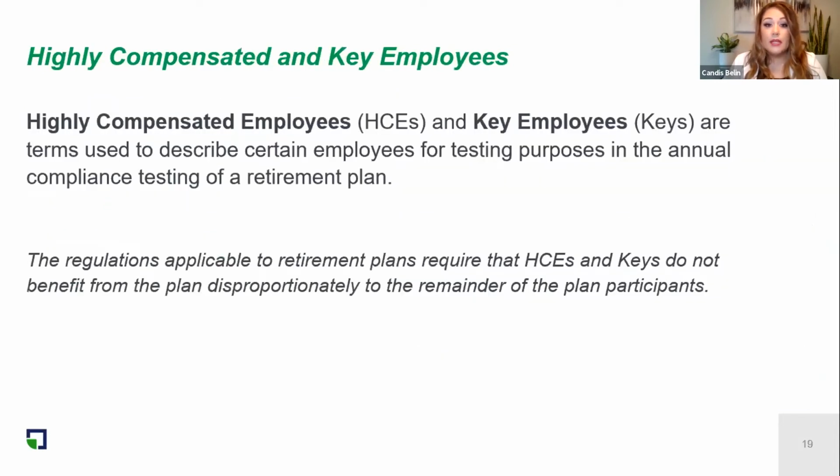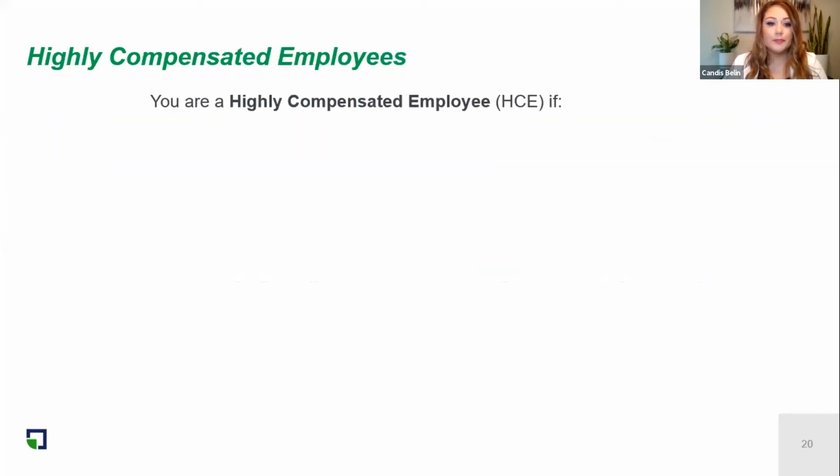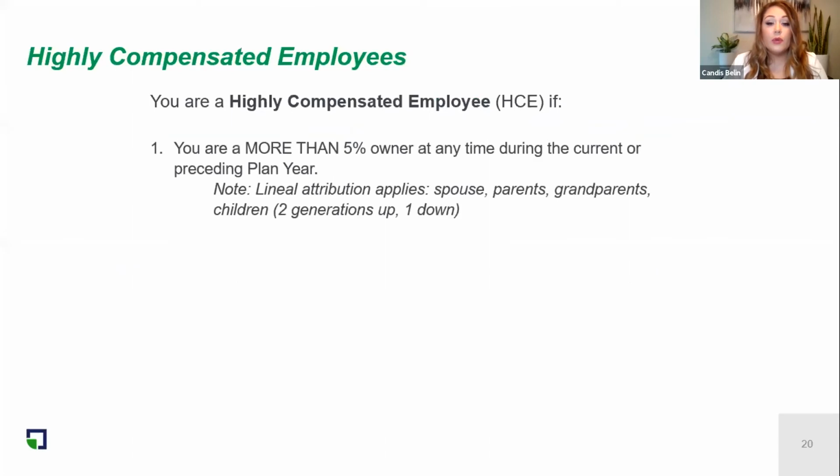Highly compensated and key employees. This is an important concept to understand because it affects our testing, or how we determine that the testing is passing, or making sure that the benefits are allocated properly. You're a highly compensated employee if you are more than a 5% owner anytime during the current or preceding year.